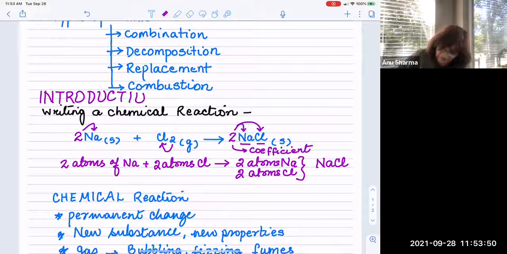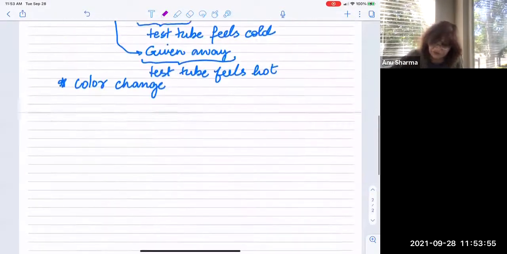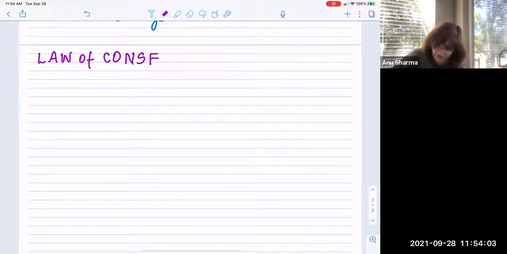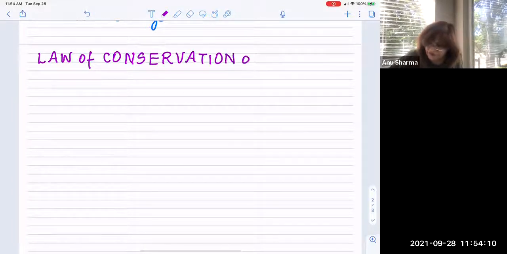When we write a chemical reaction, it is based on the law of conservation of matter. Now, what does this mean?